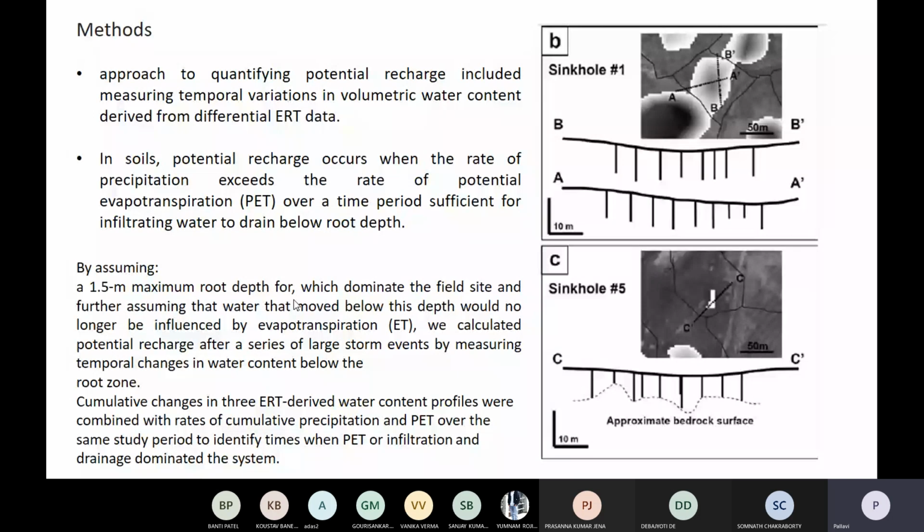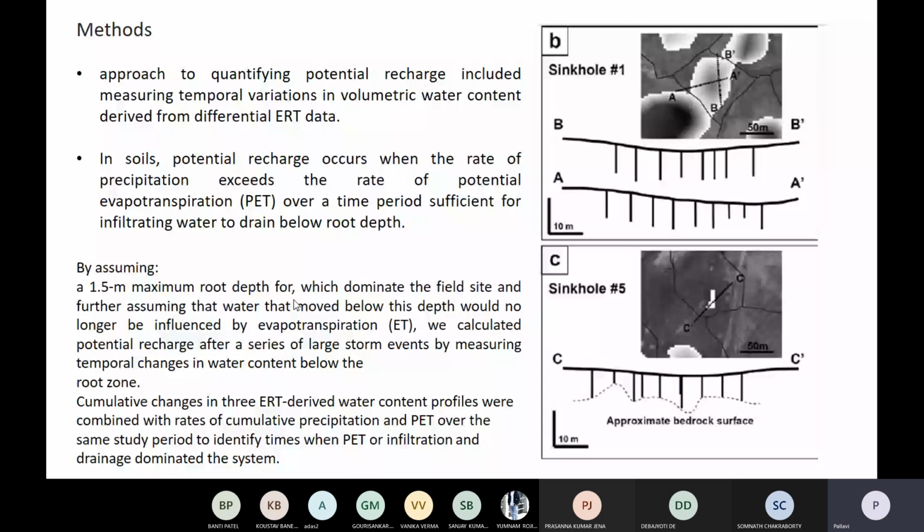So they try to make a similar kind of situation, so they can create the actual field-side situation. They are assuming that if 1 meter is the root zone, then after that there is no evaporation or evapotranspiration. After that, completely potential recharge is taking place.